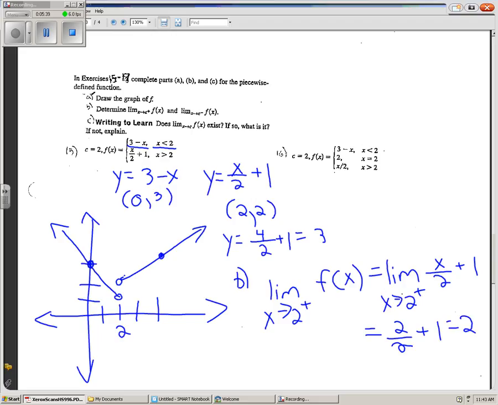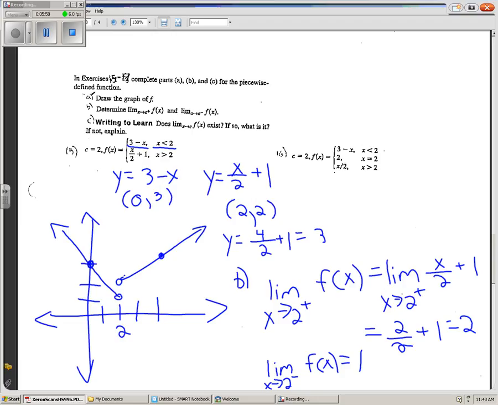As x approaches 2 from the left, we can look at our graph and see that the y's are getting closer to 1. Could have also seen that by plugging in 1 to this rule up here.